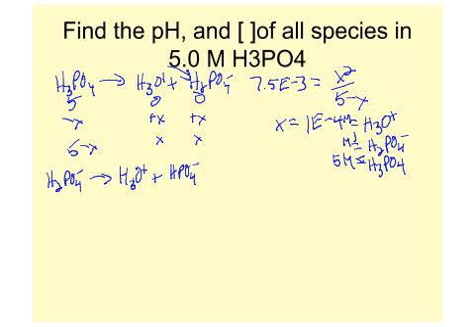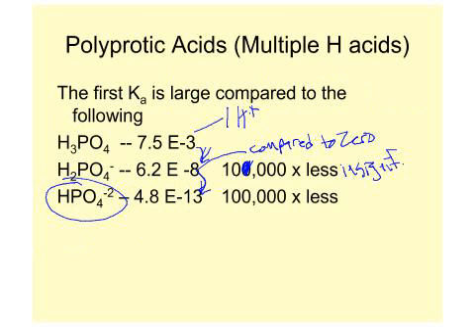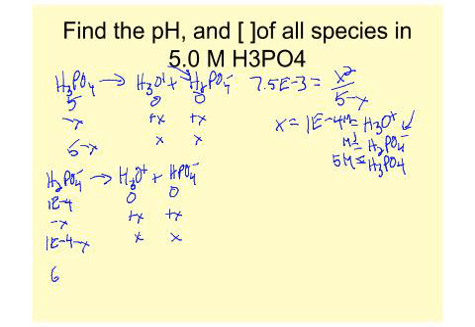My concentration for H2PO4 I'm starting with is right here, 1E negative 4, 0, 0, minus X plus X plus X, 1E negative 4 minus X, X, and X. So my K for that is 6.2 E negative 8 equals X squared over 1 E negative 4 minus X. Solver time. Oh good, I still have my solver up here.